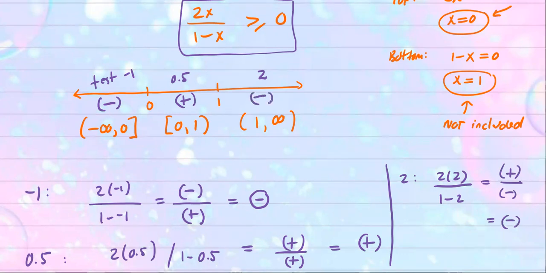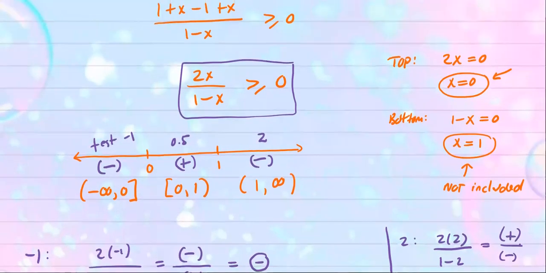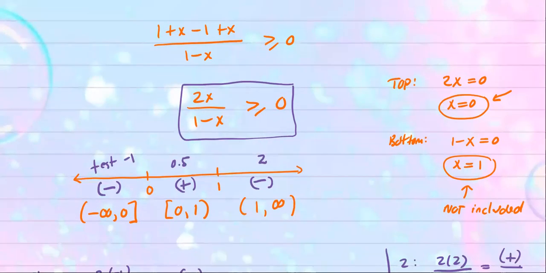Now that we finished testing, it's time to select which interval is our solution. The inequality says we want it to be greater than or equal to 0. What that means is you want to look at positive intervals. Sorry, not negative, I meant to say positive intervals because it's greater than 0.